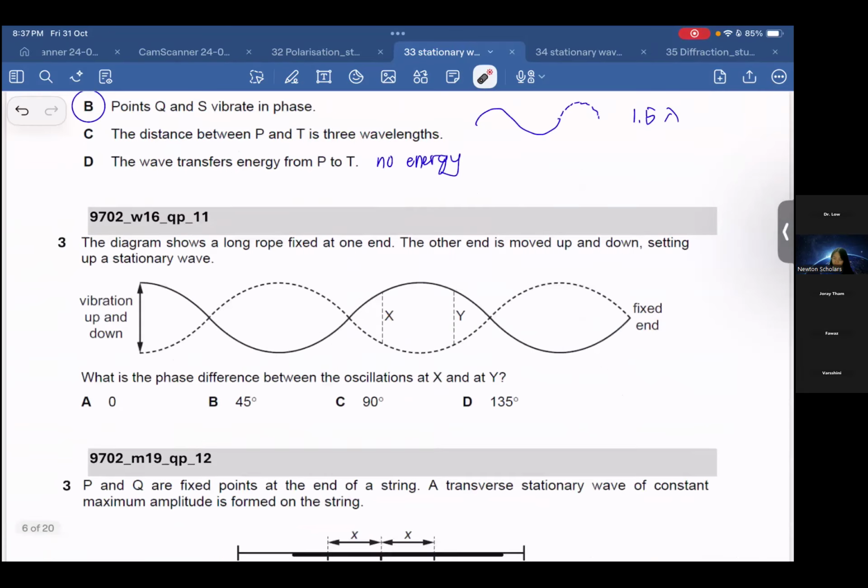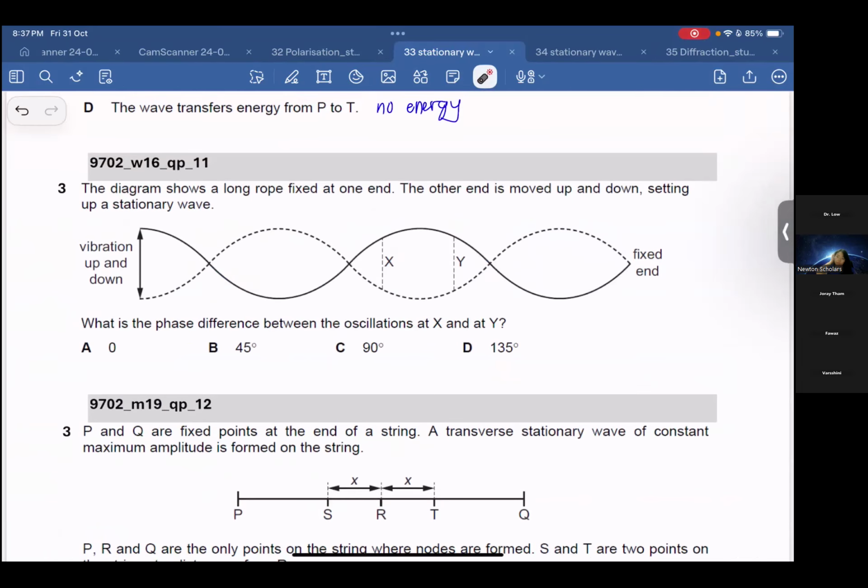Next, boys and girls, try. Jory, good job. Fatima, correct. Wesley, correct. Wesley, be confident. Kaichen, correct. Vashini, correct. No problems, right?